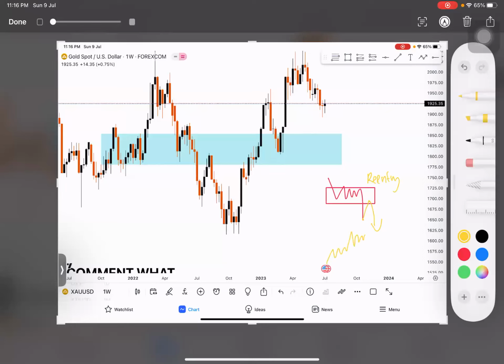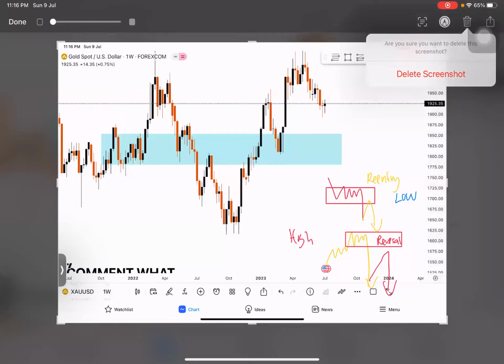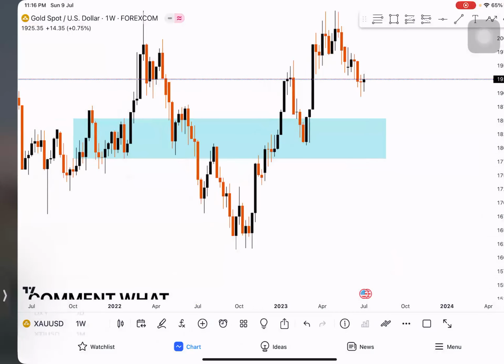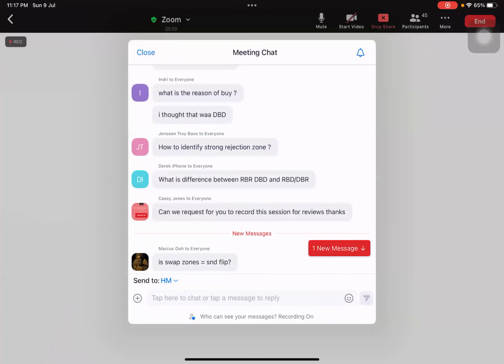Rally base drop is when the price suddenly comes down in an uptrend, so you're going to trade for the reversal. This one is reversal, and that one is the entry. It's a different thing: this one is high risk, and this one is low risk. That is the difference between RBR, DBD, and also RBD and DBR.